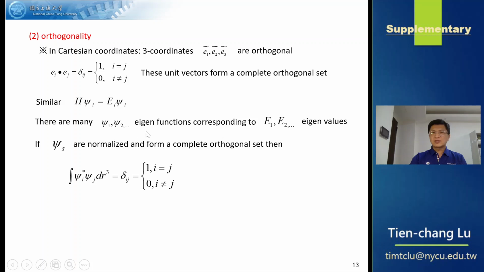These wave functions actually form a complete orthogonal set, which means that phi_i complex conjugate phi_j equals delta_ij. That has only two values. When i equals j, it equals 1. So this is pretty straightforward.